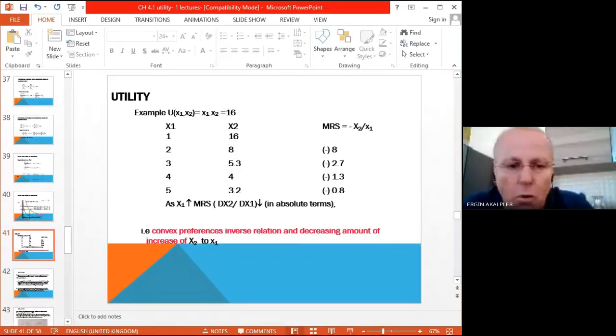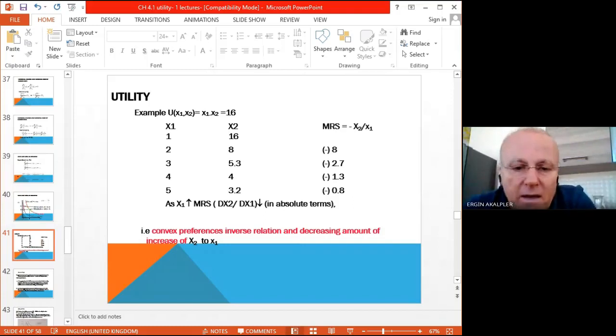Therefore, when you calculate minus x2 over x1, it will give you minus 8, because we have a similar example for the given equation. And for the next, 5.323 is 2.7, and for 4 to 4 it is supposed to be minus 3, because you are subtracting from each other.